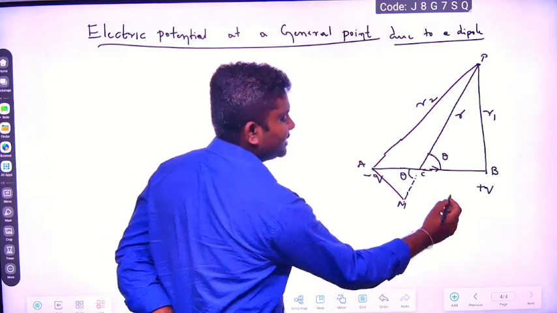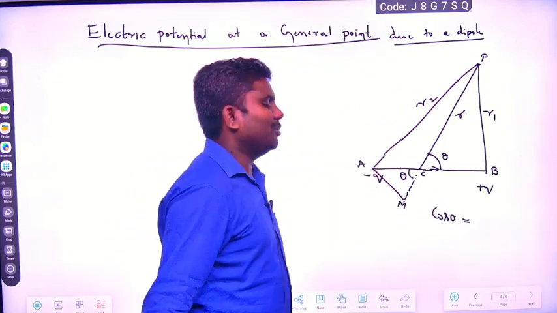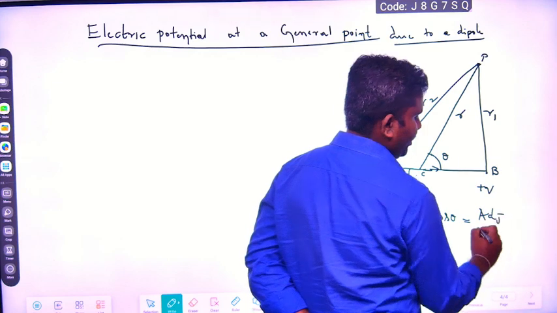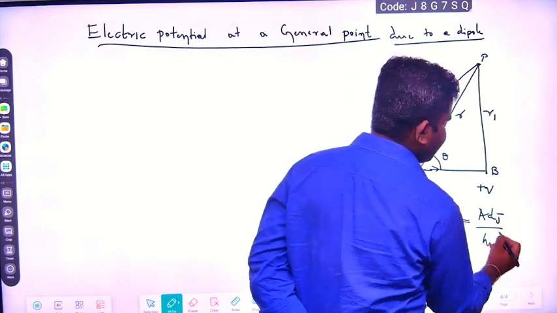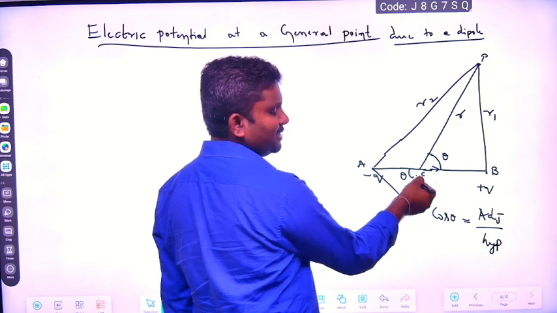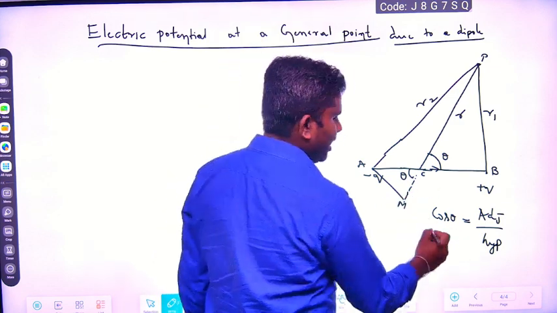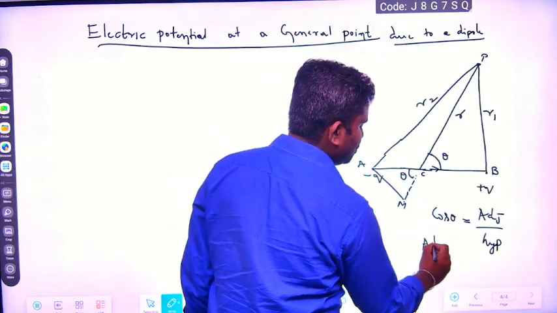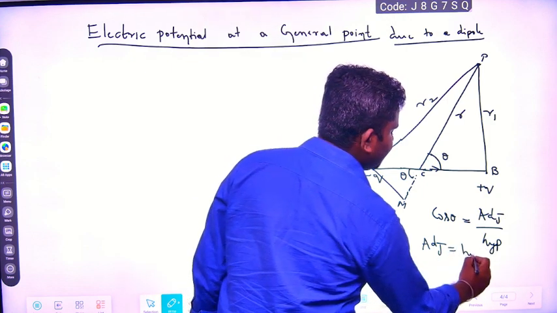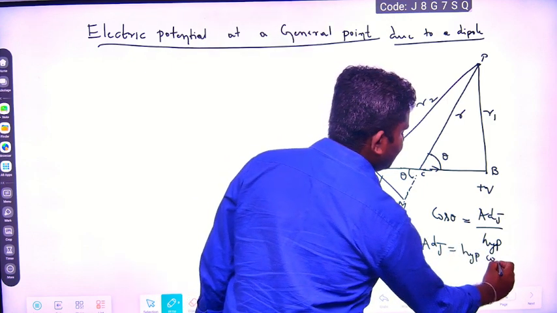Can you please tell what is cos theta now? Adjacent divided by hypotenuse, right? Which is the adjacent line here? This one. So adjacent equals hypotenuse times cos theta.